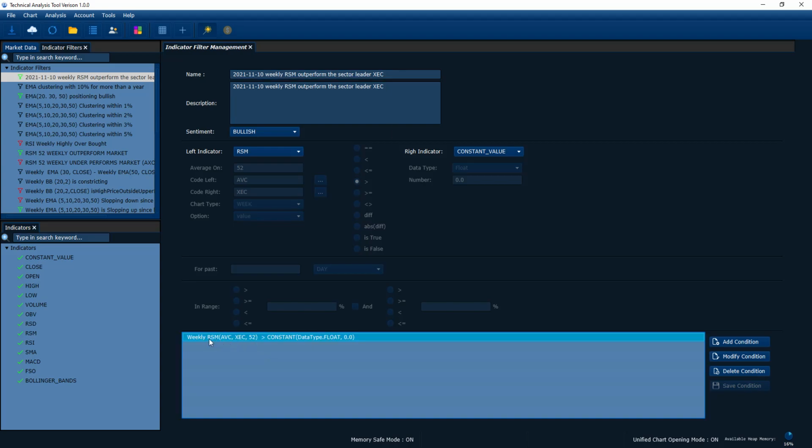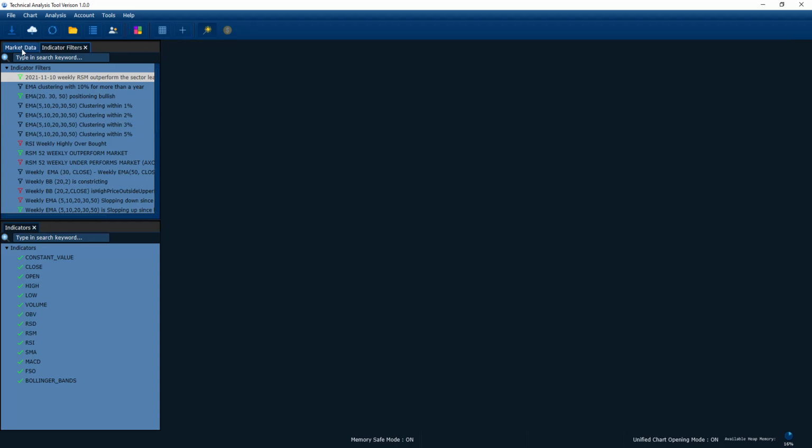Remember that the value larger than zero means the RSM line is above the zero line. So I want all the shares that outperform the strongest sector, to see which shares in the current market do that. So you can create a filter like this. That's just a little bit of extra information.